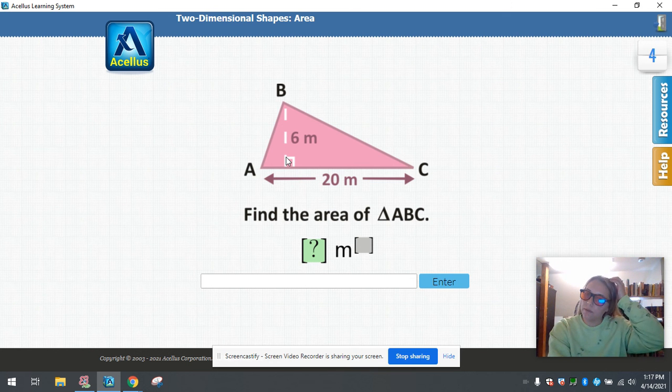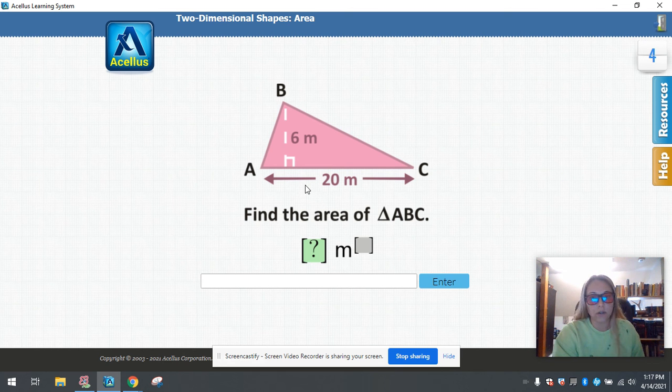If you look up the formula, it's going to tell you A equals BH 0.5, so base times height times 0.5, which is equal to 1/2. Or it might tell you base times height divided by 2.